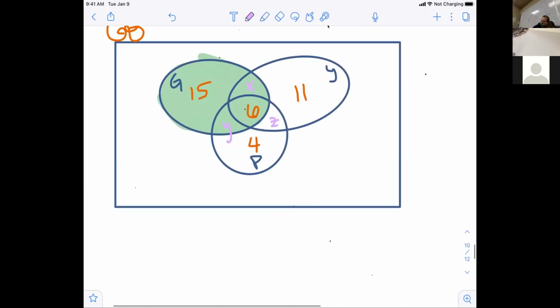When I do my green guys, I'm going to think of that as 15 plus 6 plus x plus y equals 43. And in the same step, I'm just going to get it simplified. So x plus y equals 15 plus 6 is 21. 43 minus 21 is 22. So that equals 22.